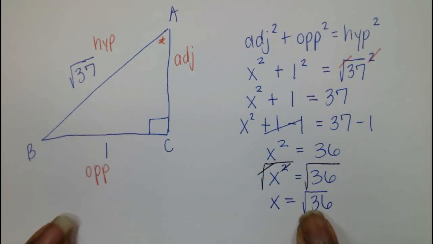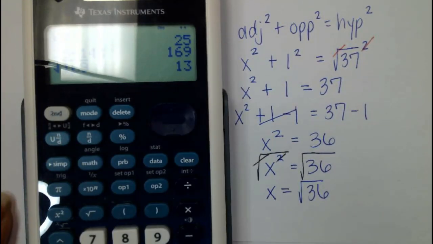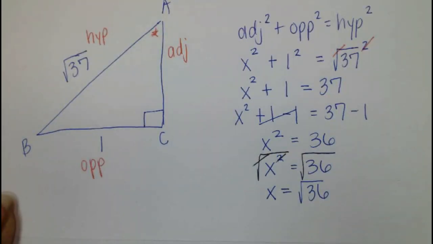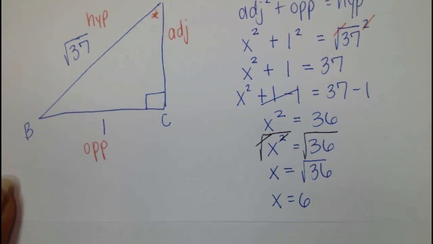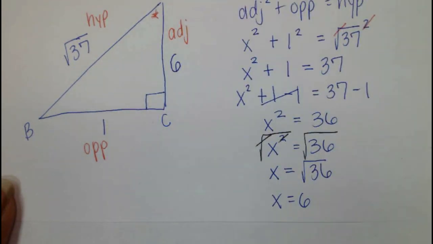I leave it like this, but I do have to check it to see if it comes out to be one number. And it does. So my adjacent is 6.